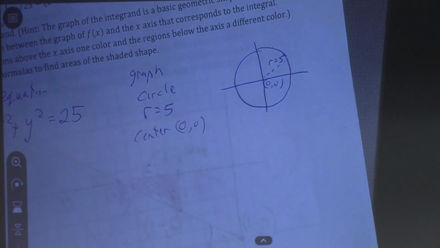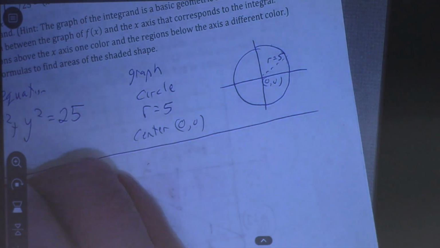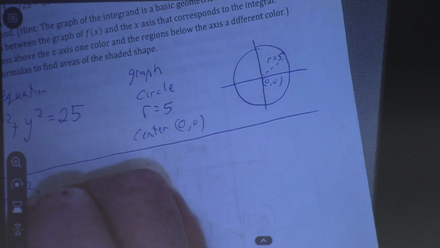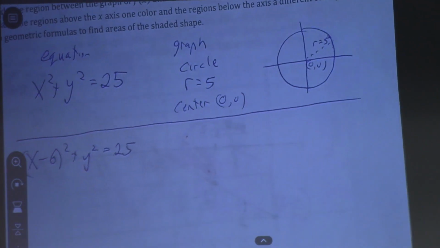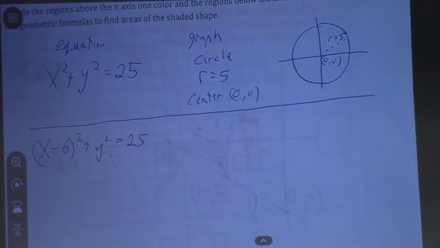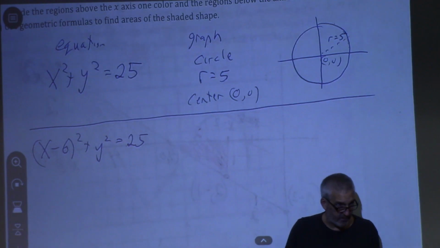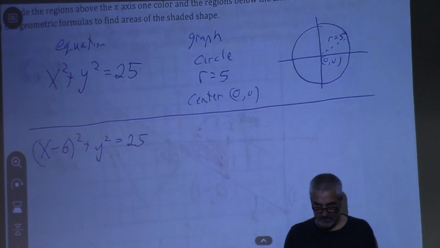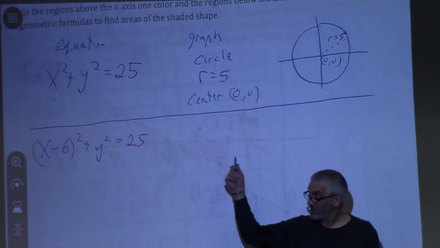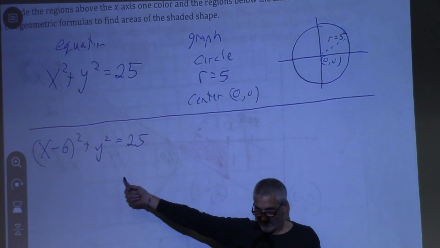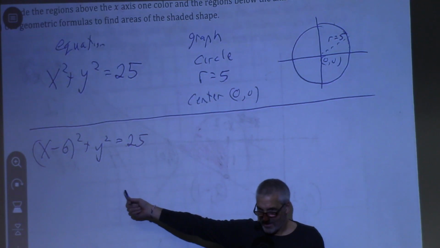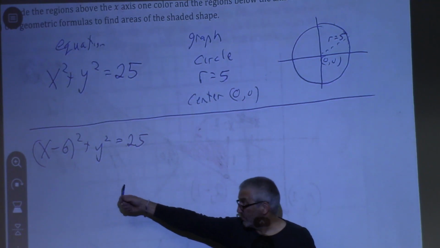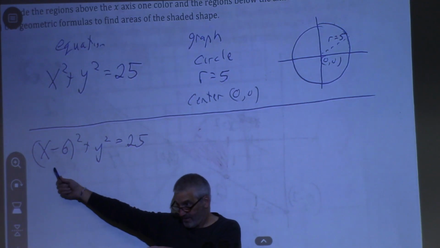Okay, what about this equation? X minus 6 quantity squared plus y squared equals 25. Somebody tell me what's changed in the graph. It's moving with the minus 6. It's moving down? Not quite, because the minus 6 is going with the x. It's moving to the right 6.